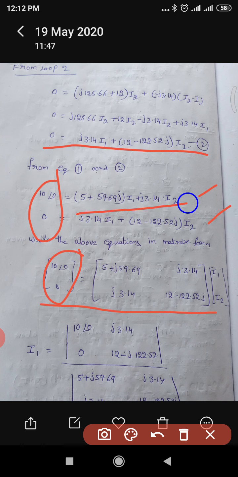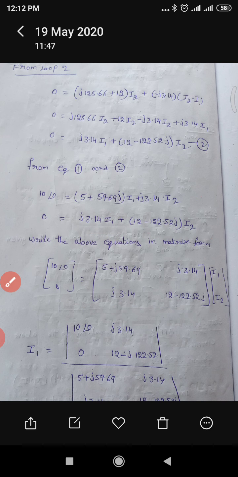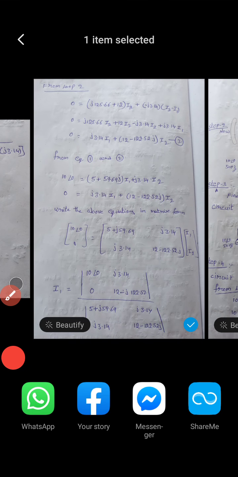From equation 1 we write 5 + j59.69 and j3.14. Next, from equation 2 we write j3.14 and 12 - j122.52, for I2.